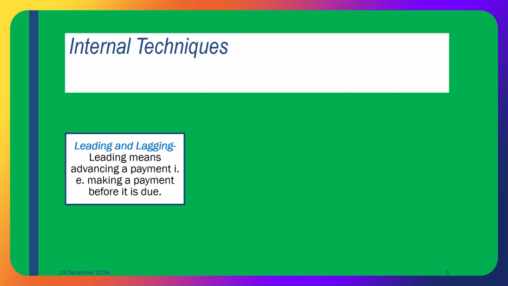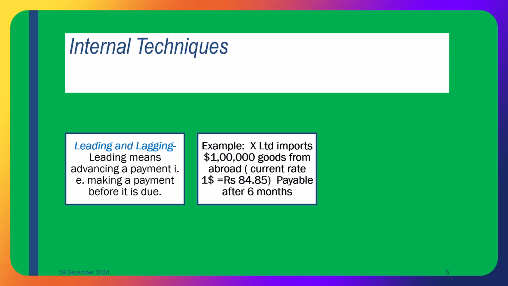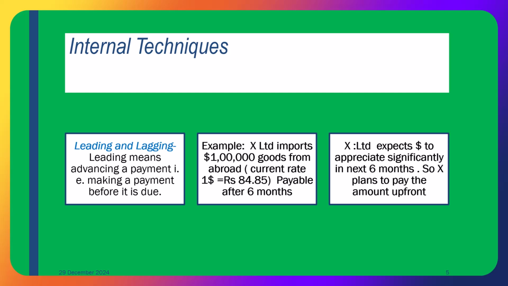So leading means advancing a payment, that is making a payment before it is due. For example, X Limited imports $1 lakh of goods from abroad. The current rate is 84.85, payable after 6 months. Now X Limited expects the dollar to appreciate significantly in the next 6 months, so X plans to pay the amount upfront.